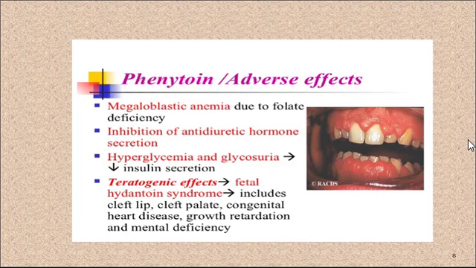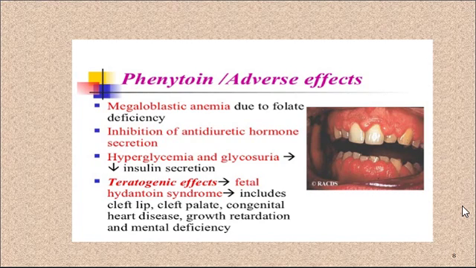I threw this in just because there are so many adverse effects with phenytoin. This picture is hyperplasia of the gums. It's called gingival hyperplasia. They can also have nystagmus, which is where the eye does the twitch.